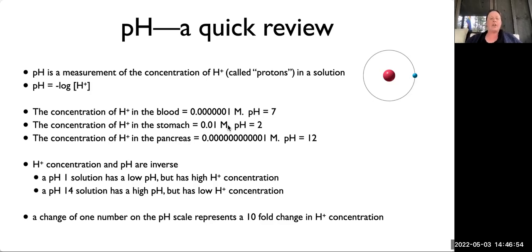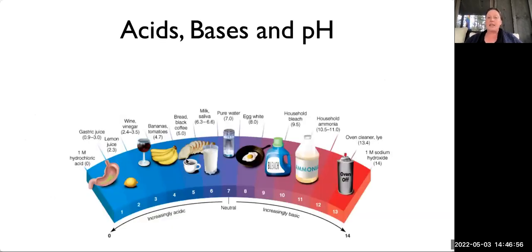Okay, so let's look at the pH scale. Those of you that have taken chemistry know that the pH scale can actually go beyond what I'm showing you here. But in terms of concentrations of protons that we're likely to see, we know that the pH scale goes from 1 to 14 or 0 to 14. 7, which is the pH of pure water, is what we call neutral.